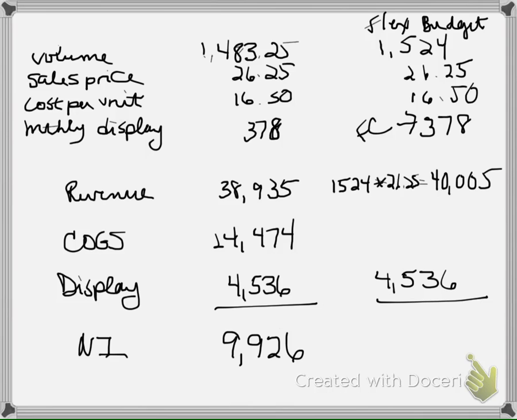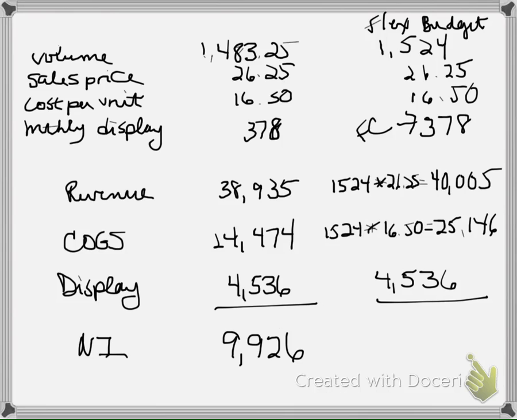Similarly, my variable costs, or in this case my cost of goods sold, are going to go up as well because I sold more units. I sold 1,524 units. I'm going to assume that right now my cost per unit of $16.50 is the same. Keep that assumption there. So my cost of goods sold at this new volume would be $25,146 if I kept all my initial assumptions the same.